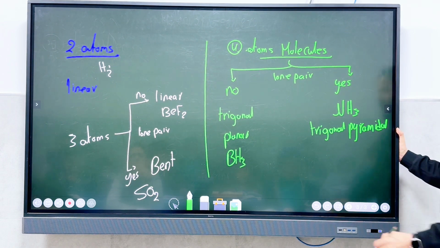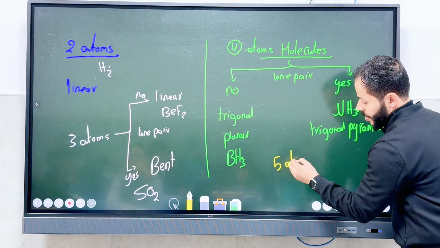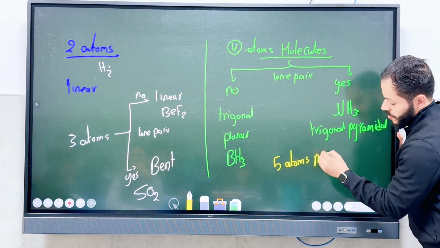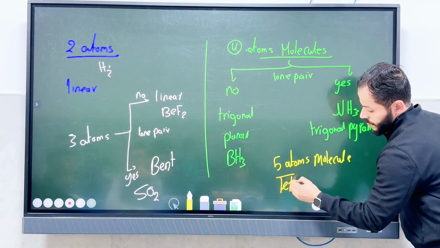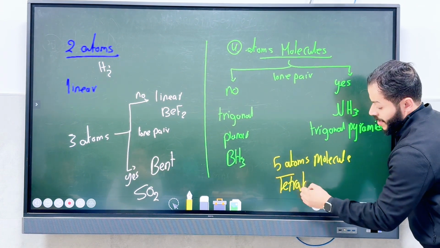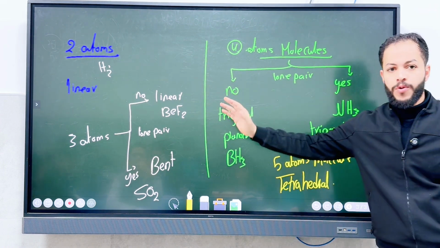And if it's five-atom molecules, guys, it has only one case. It's tetrahedral. This is the summary of all that we talked about.